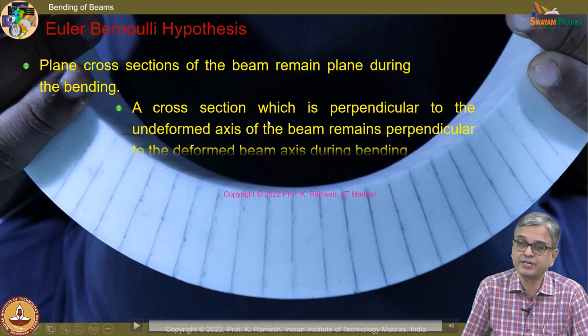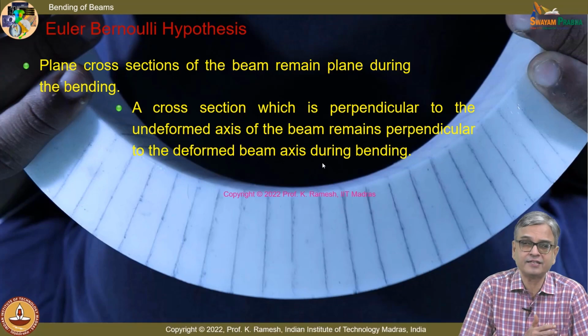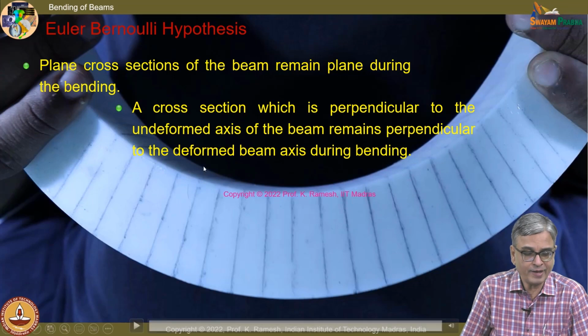A cross section which is perpendicular to the undeformed axis of the beam remains perpendicular to the deformed axis during bending. After relating the curvature to the deflection, we will go back and see by a sketch the meaning of this statement.